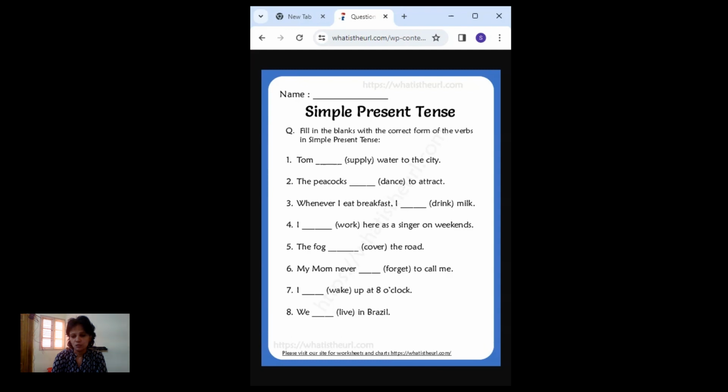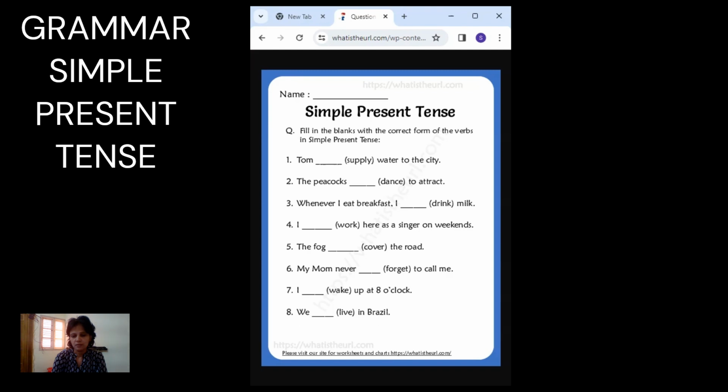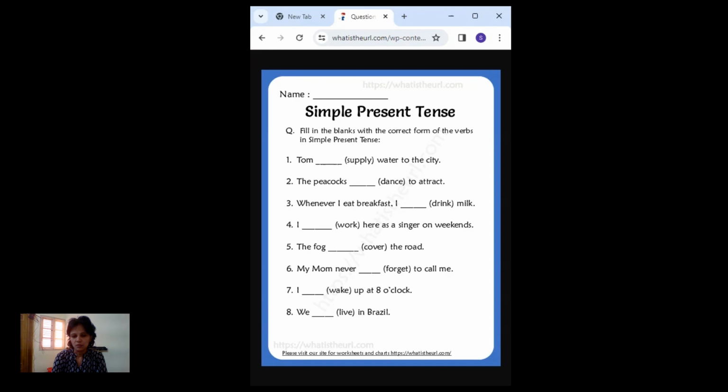The two uses of simple present tense are, one, regular habits, and two, things that are generally true. That is where we use simple present tense, which is also called indefinite tense because we don't mention time.